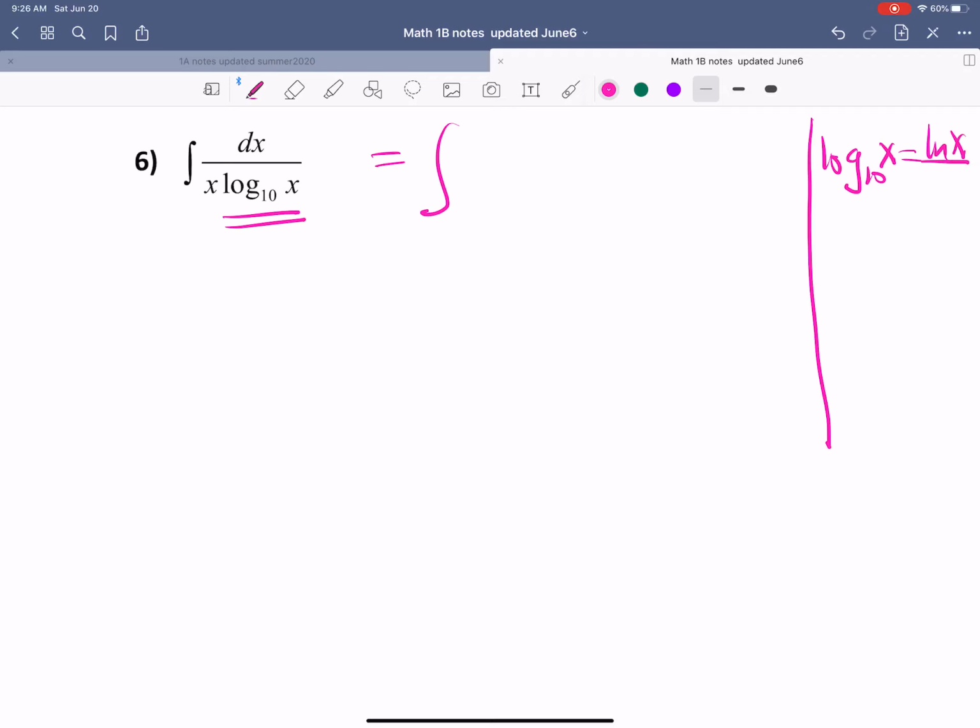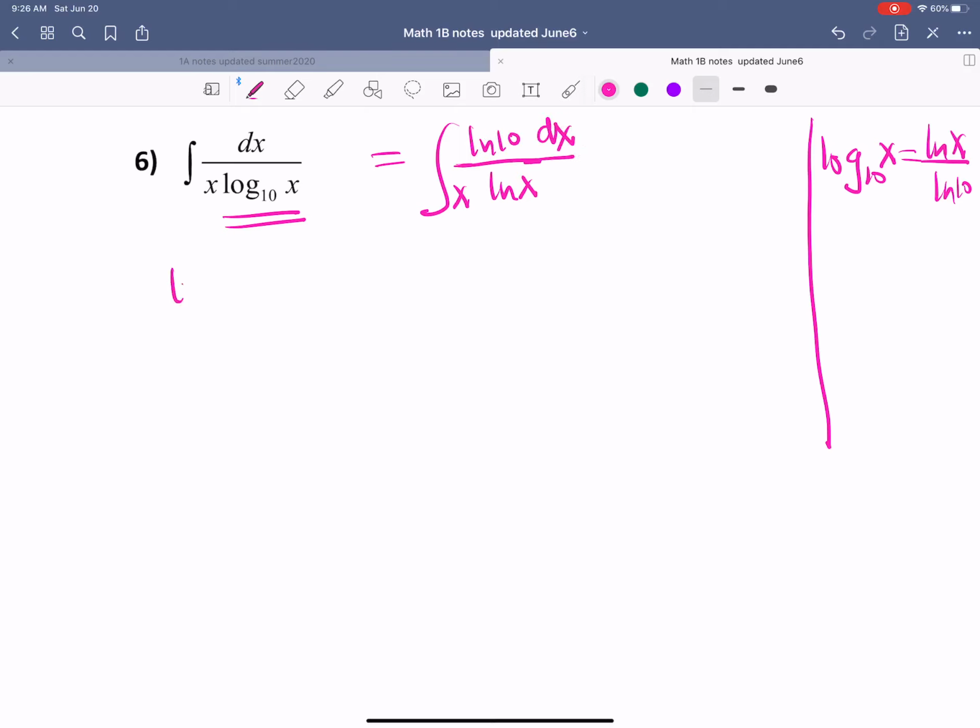So this will be natural log of x over natural log of 10. This becomes dx over x, and then natural log of x over natural log of 10. Natural log of 10 goes on the top.